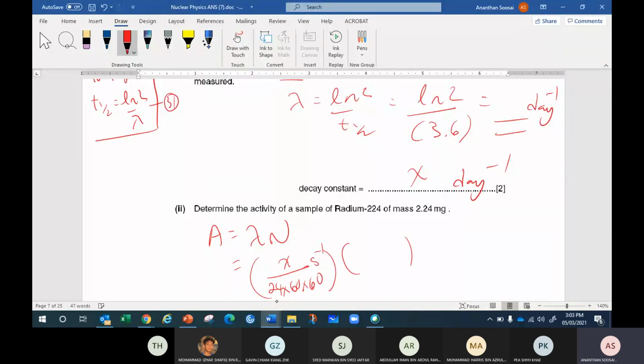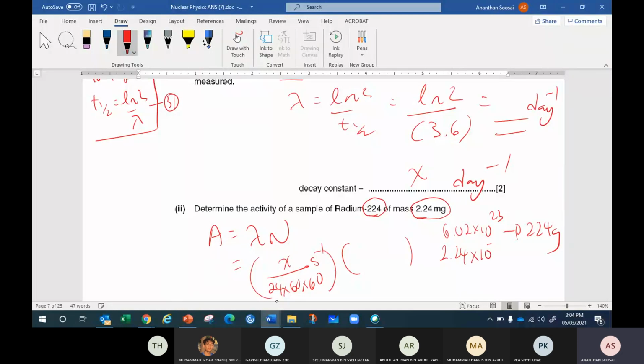Then another problem is N. You must put the number of particles. So how to find N? 2.24 milligram, how many particles? This is your chemistry knowledge. 224 carries lots of information. 6.02 times 10 to the power 23 particles consists of 224 gram, always. So check 2.24 milligram.